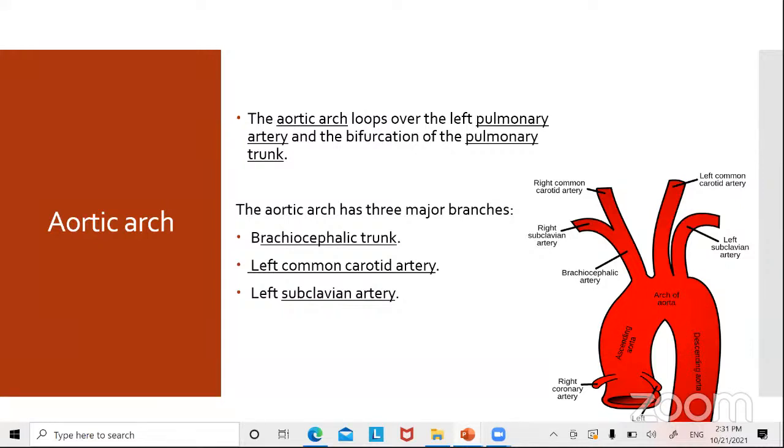The brachiocephalic trunk, which further divides into the right subclavian and the right common carotid artery, they supply the right side of the head and neck, as well as the right arm and the chest wall, while the left common carotid artery and the left subclavian together, they supply the left side of the same region.